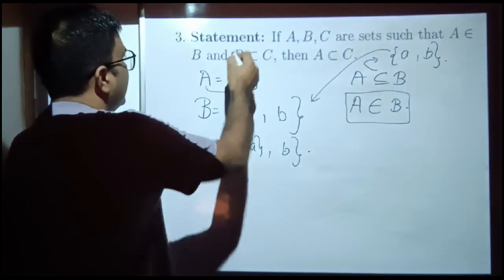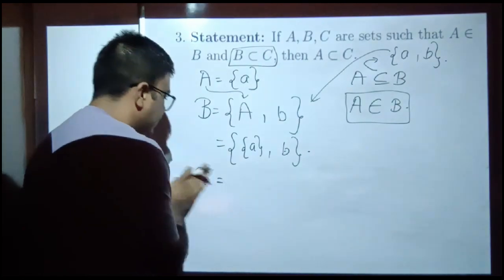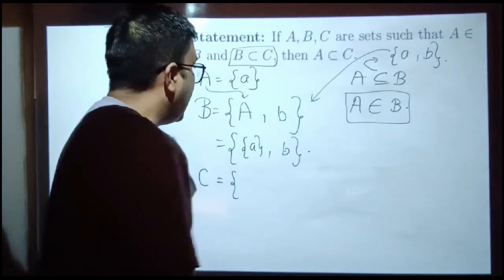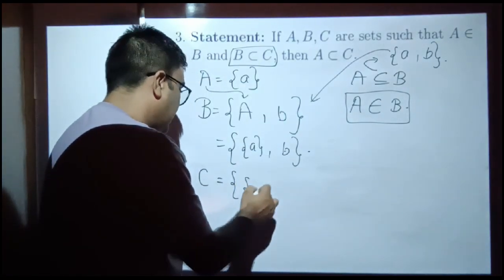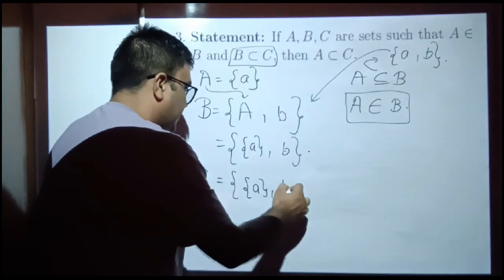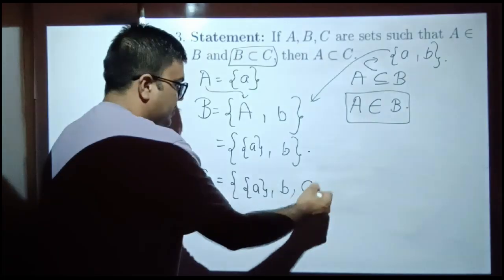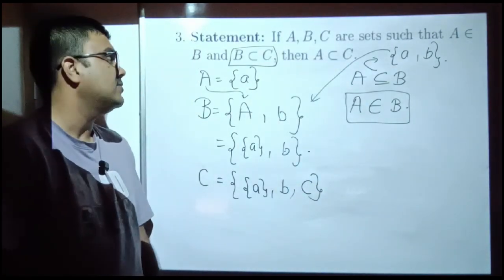Now, the third thing that is given is B is a subset of C. So the set C will look like, B is a subset of C means every element of B is present in C. This element is present over here, this element is present over here, some other element is there. Every element is present over here.